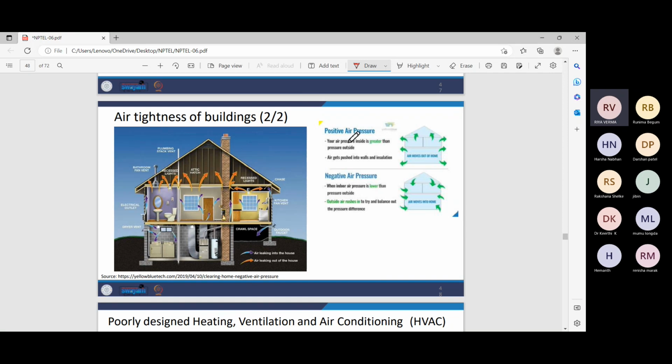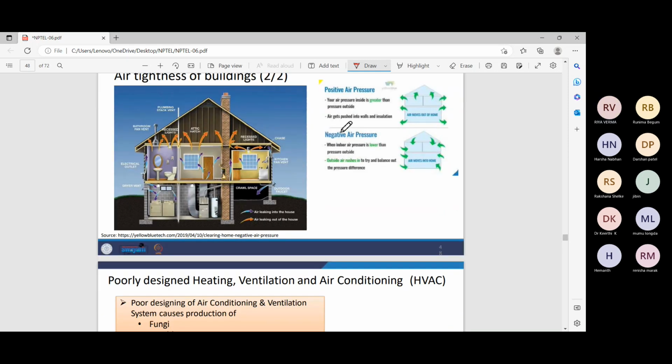In such conditions, the air present inside the building starts moving outwards. And when there is negative pressure, a suction is created. In this condition, the air pressure inside is lower than the pressure outside, and thus the outside air rushes in and tries to balance out the pressure difference.